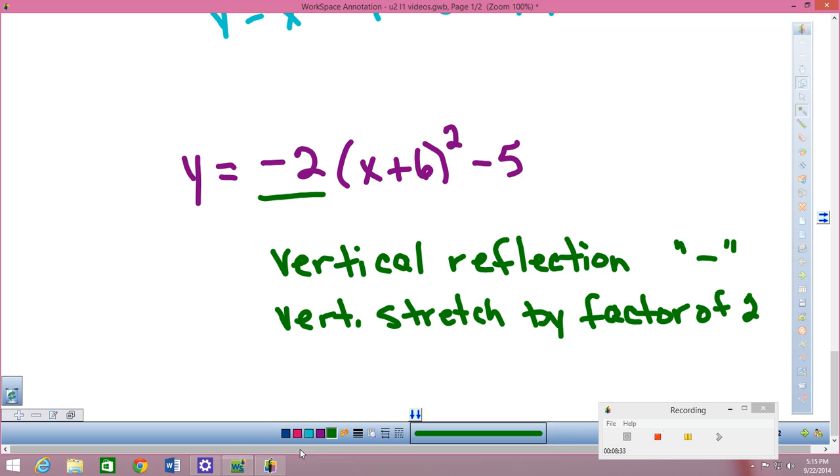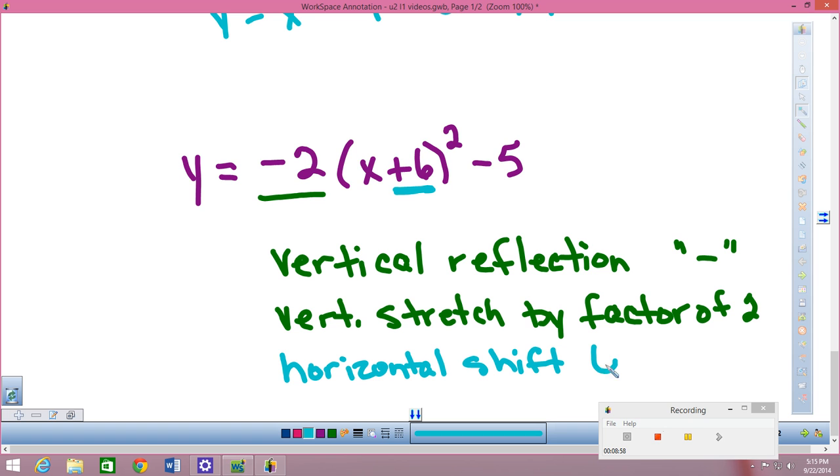Okay, now then, let's look at this plus 6 that's inside the parentheses. That plus 6 tells me that my graph is going to have a horizontal shift six units to the left.